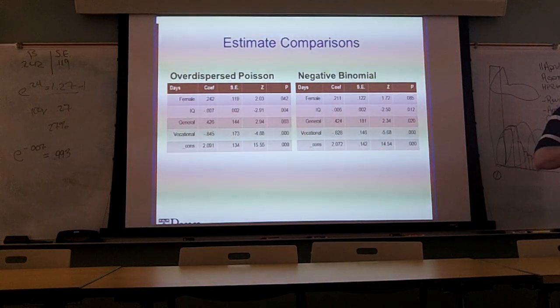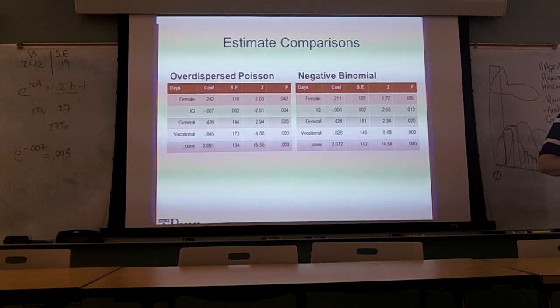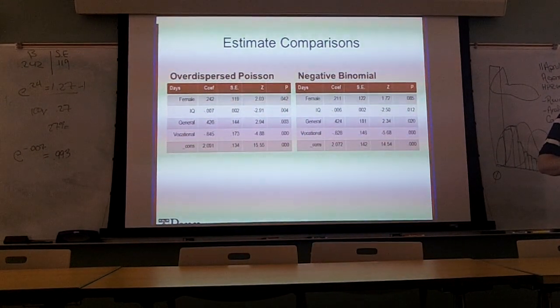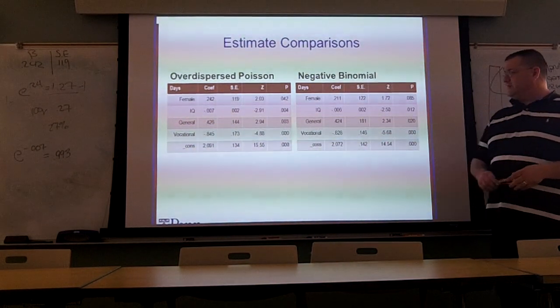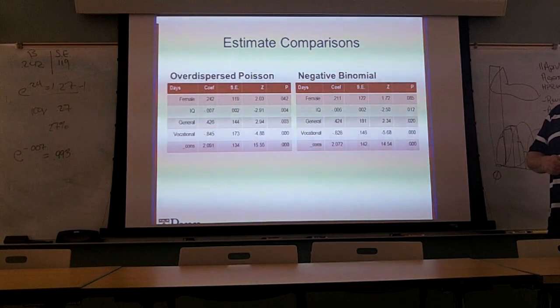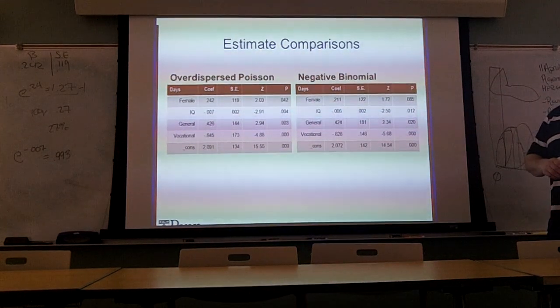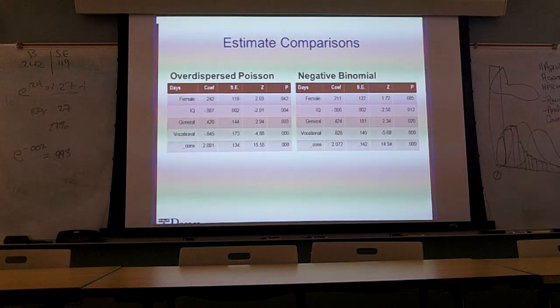We are not acknowledging that over-dispersion. Bad. Here we're allowing for that extra variance. And in general, the inferences don't change except for female here. Make sense?